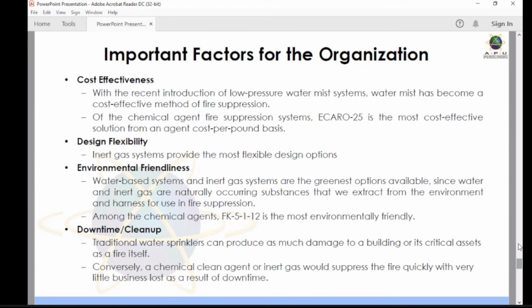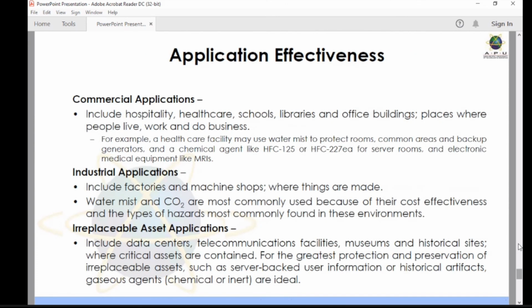Application effectiveness. So another perspective is application. Where do you want to use this fire suppression? Commercial applications include hospitals, healthcare, schools, libraries, or office buildings, places where people live, work, and do business.